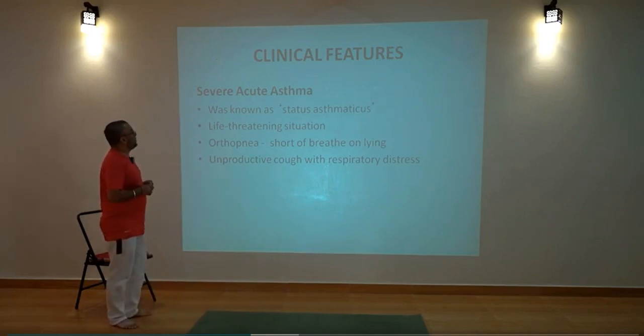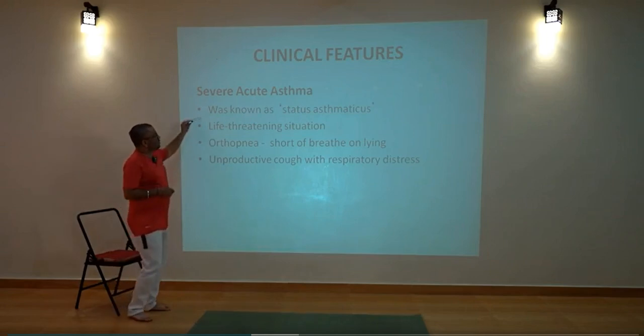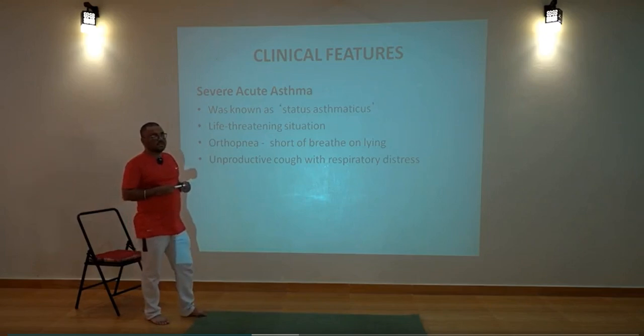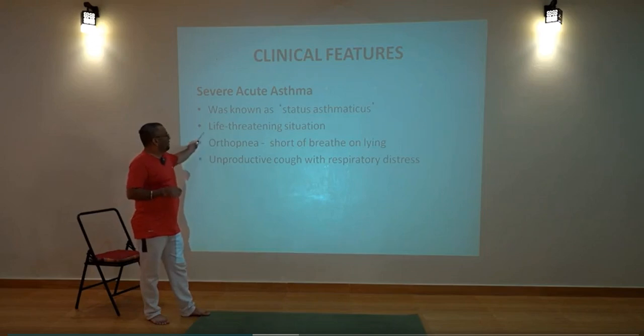Clinical features: severe acute asthma is known as status asthmaticus. It is a life-threatening situation, and sometimes we have to do cardiopulmonary resuscitation.